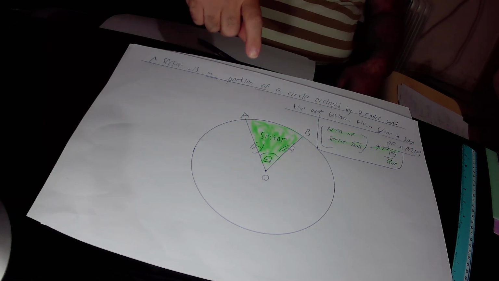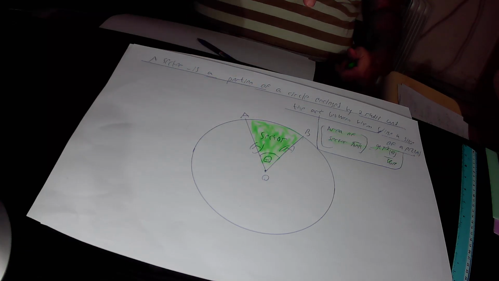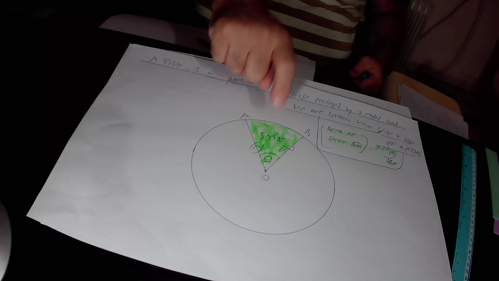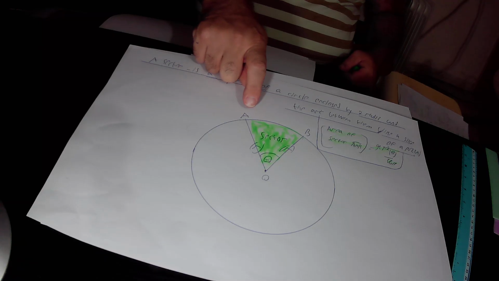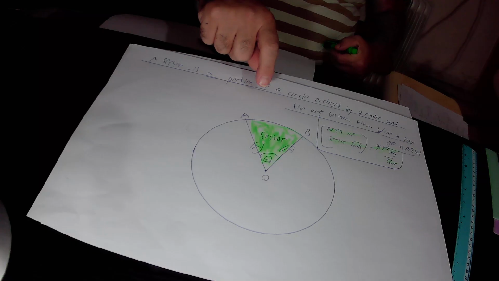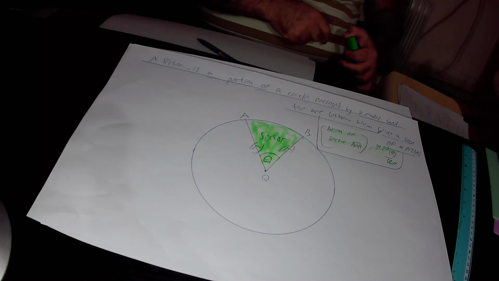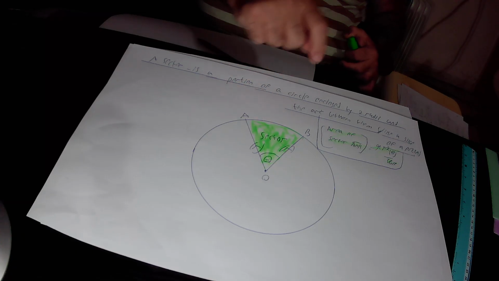The area of the green sector AOB equals pi r squared, the area of the circle that contains the sector, where r is the radius of the circle, times the angle between the two radii, theta over 360 degrees. The two radii are also defined as the legs of the sector. So in total, the area of the sector AOB equals pi r squared times theta over 360 degrees.